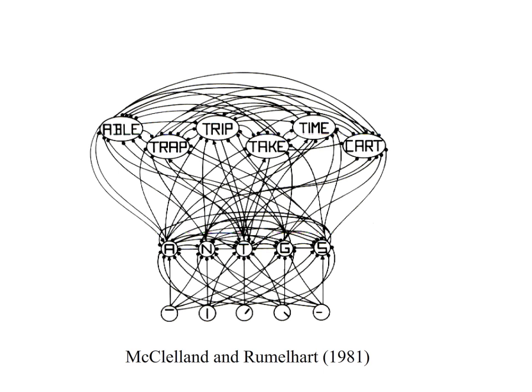You'll also notice that from the word able back down to the letter A is an excitatory connection. So there's both feed forward information going from the bottom, and we can account for context effects in this model because information comes from the word level down to the letter level.